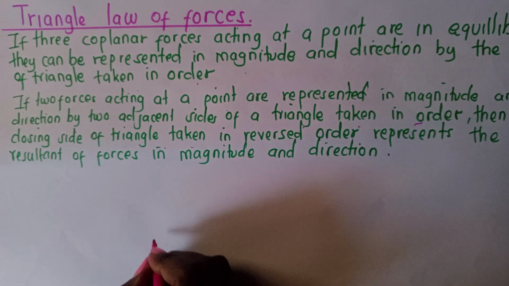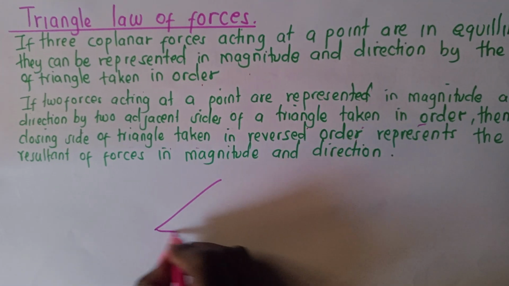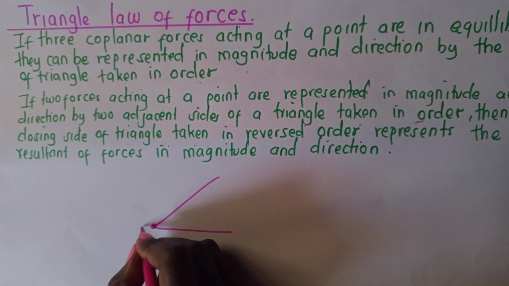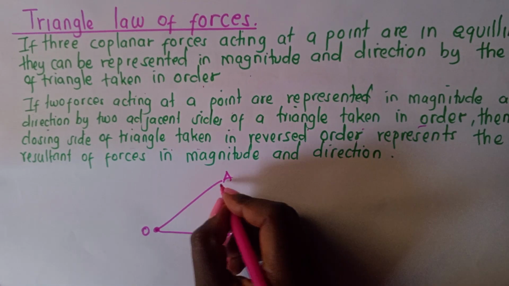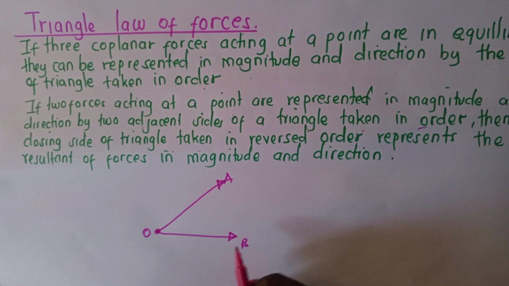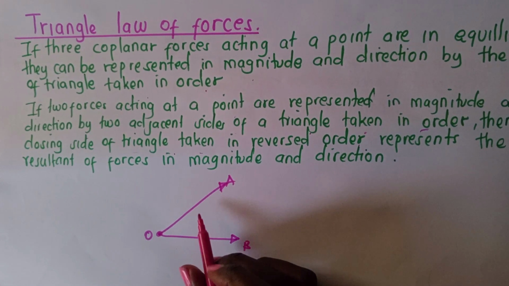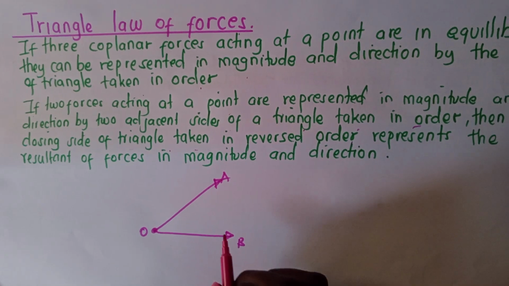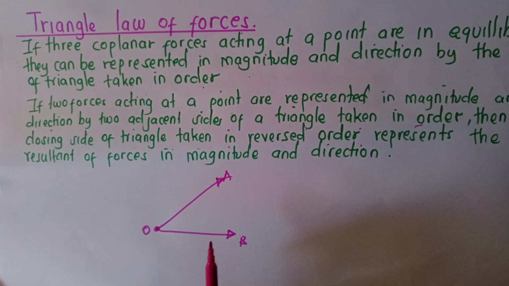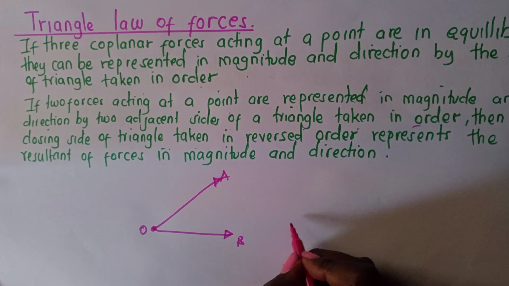So let's say we have two forces from a point, OA and OB. Remember we said we are using arrows to indicate our forces. If we want to use the triangle law to get their resultant, we are going to construct a single force.